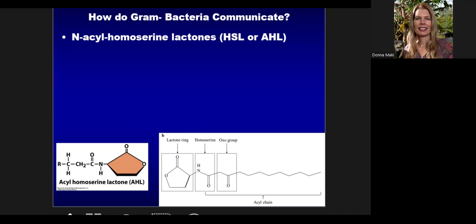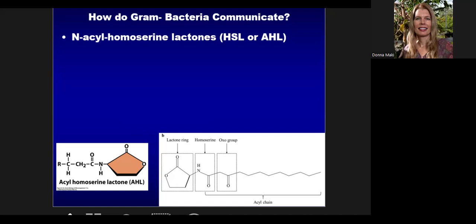So the lactone ring is on the left here, the brown, that's the lactone ring. So homoserine lactone. And then the acyl side group is the string of carbon and nitrogen there. And then, they have it right there, nicely labeled. So here's the lactone ring, homoserine, and then the acyl side group.